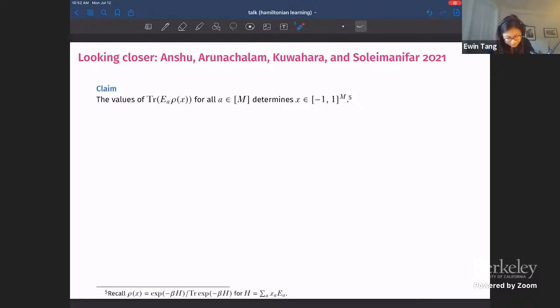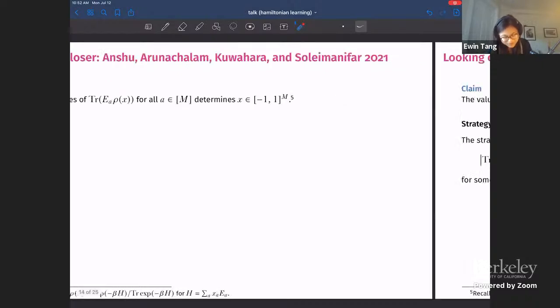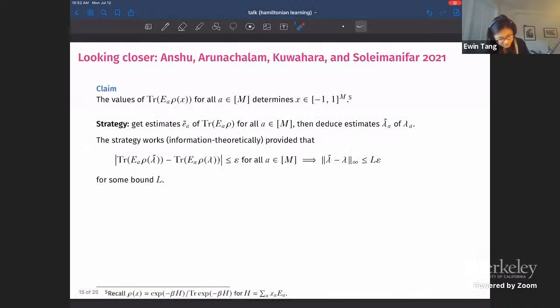Given this, one can think that these marginals are actually easy to estimate, because all you need to do is measure rho in the right eigenbasis, and this gives you a random variable that can estimate this trace. So we can get estimates of these easily.